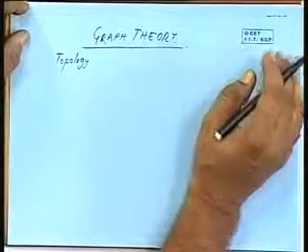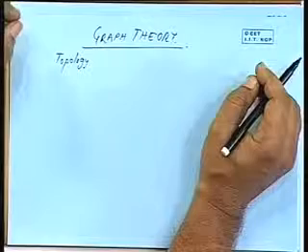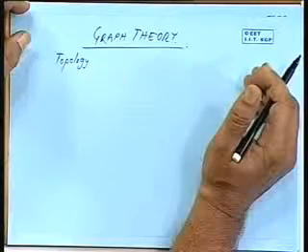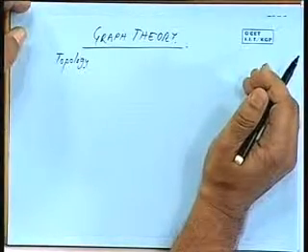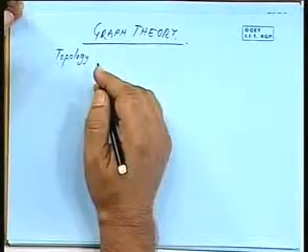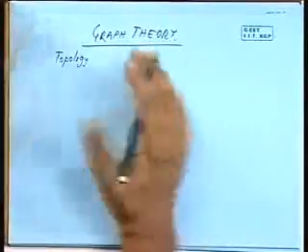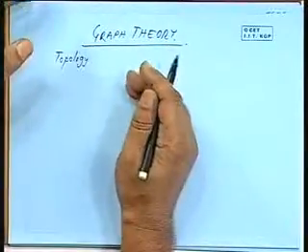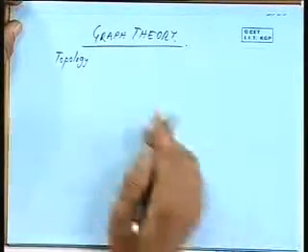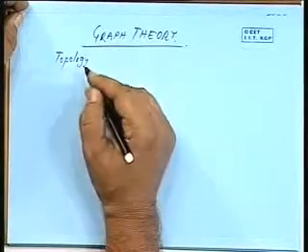Especially when you have multi-node, say hundreds of nodes in a network, then solution of the network problems with different conditions, say voltages at different nodes, may be given, some may not be given, and there are different types of elements. 4-terminal, there is 2-port network elements. So it's a complex mixture of different kinds of elements, passive and active. So solution of such networks become very involved. We resort to graph theory in such cases.